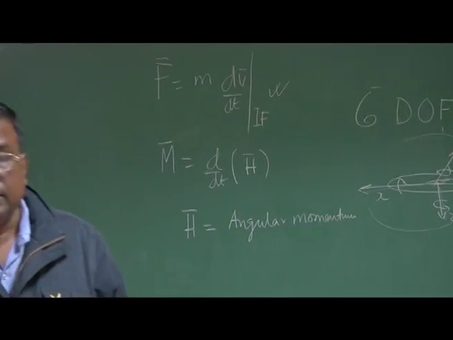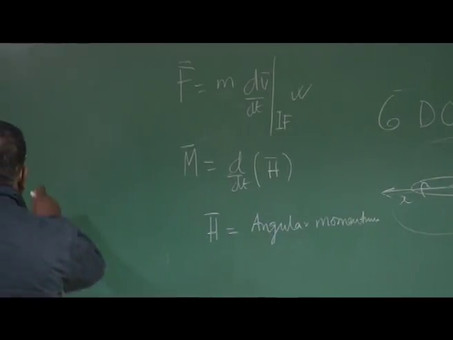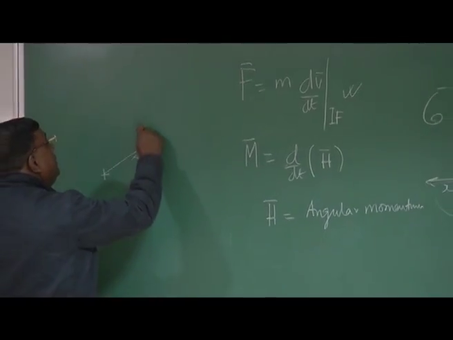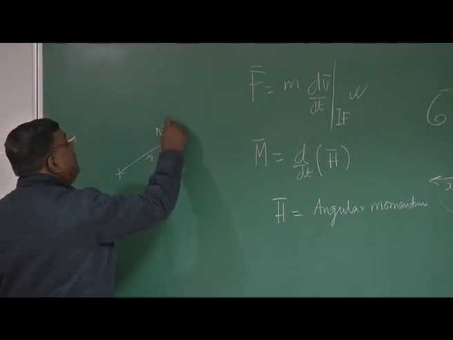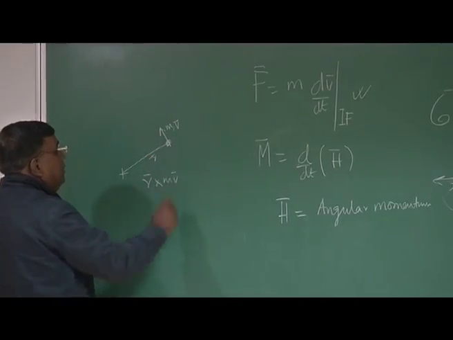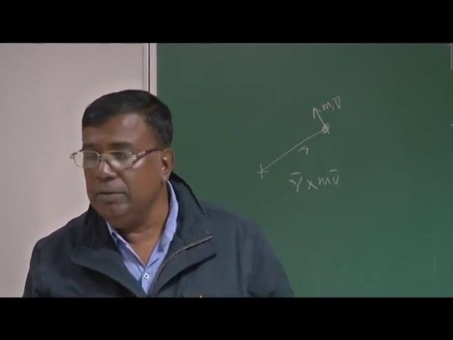In your class 10th, you might have read, if you recall, mvr, right? If this is r and this is the mass m, which is moving with the velocity v, then r cross mv is the angular momentum that we used to study in class 9th, 10th or 11th.